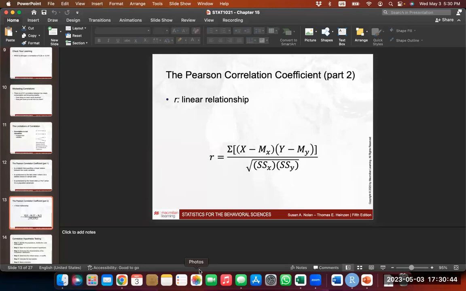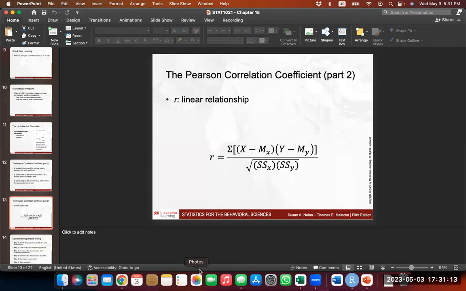That comes from the numerator. Internally, the equation includes a standardization step, dividing by the square root of the product of the sums of squares, which standardizes it according to the direction of the fitted line through that scatter.